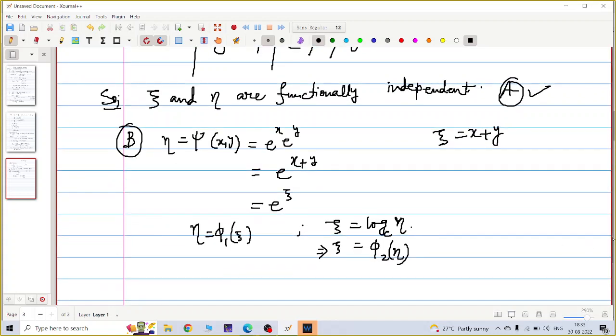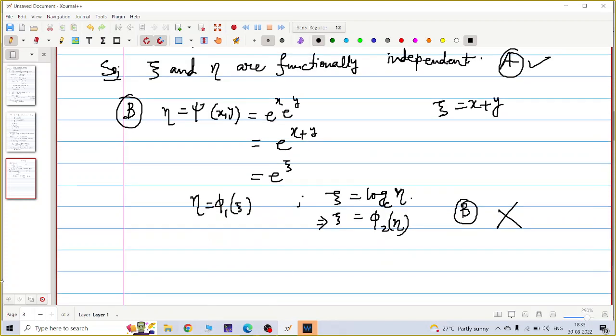So this is false. Without calculating the Jacobian also you can tell; the Jacobian also becomes 0. Functionally dependent means there is one function such that xi can be written as a function of eta, or eta can be written as a function of xi, anything.